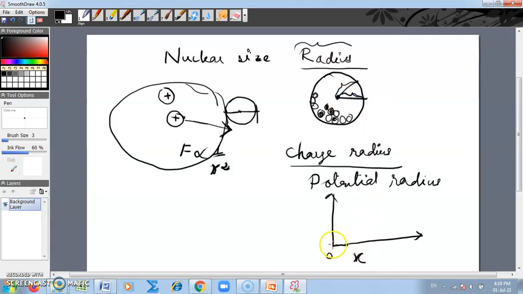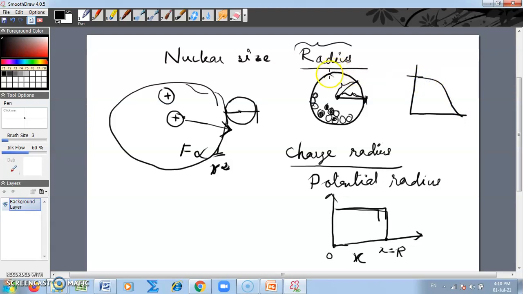Then x equal to 0 means the center of the nucleus, and when I say x is equal to R, I mean the radius of the nucleus, that means at the edge. So it is seen that this is almost like this, it abruptly falls. But later it has also been seen that there is a slight deviation like this.